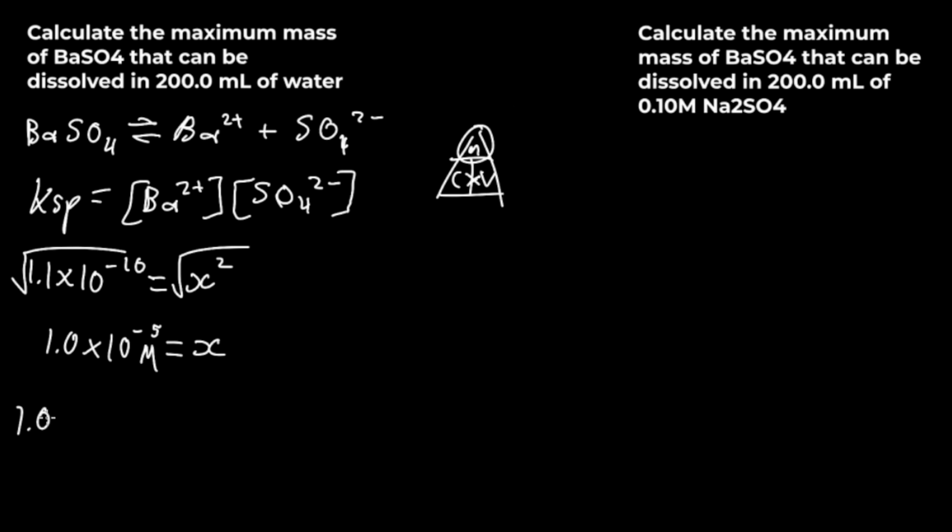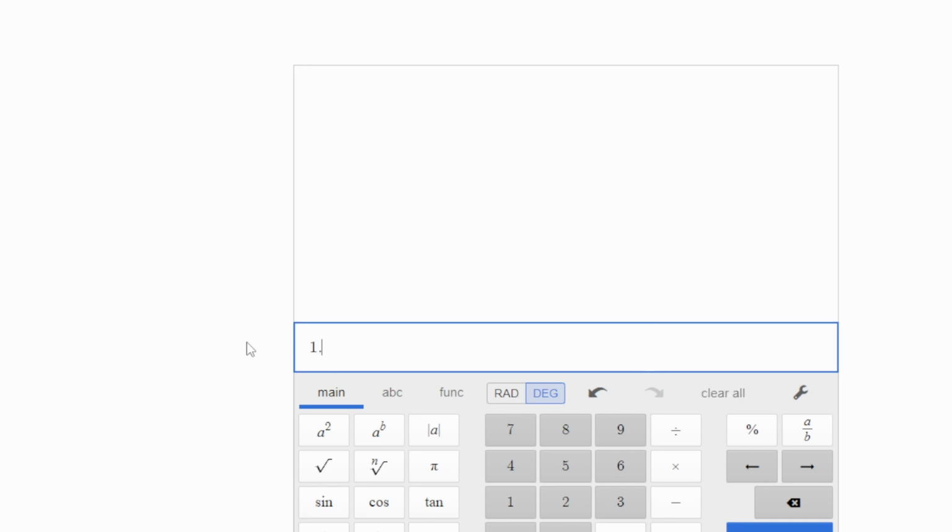So we'll use 1.0 times 10 to the negative 5 times our 0.2 liters, and just plugging that into Desmos, 10 to the negative 5th times 0.2, we will get 2, is that right? Yeah, I think that's right. 2 times 10 to the negative 6th.